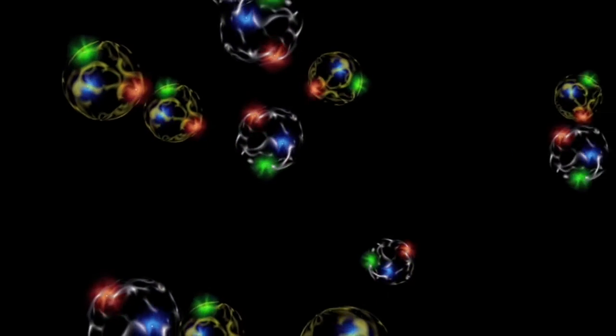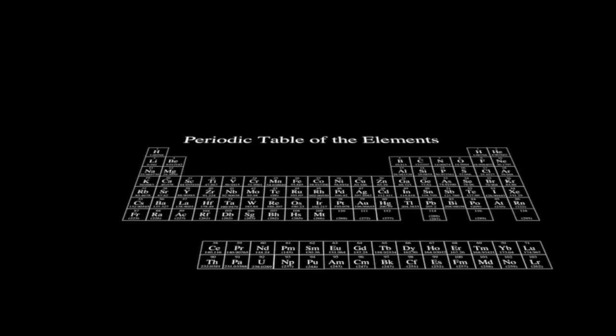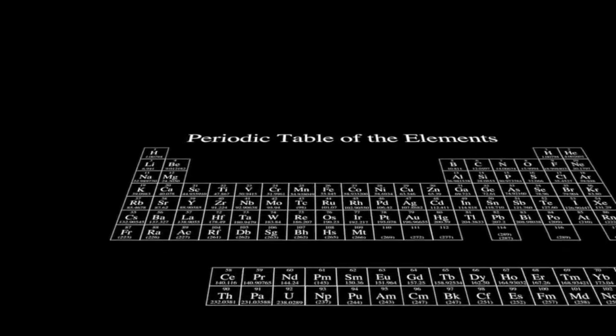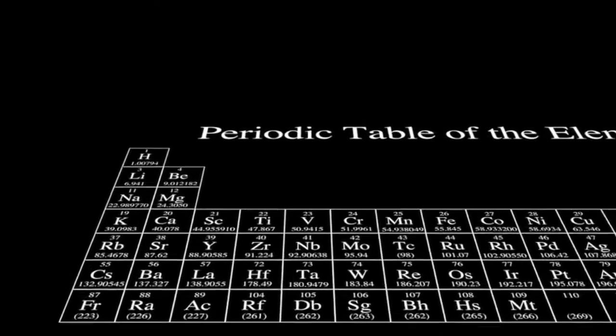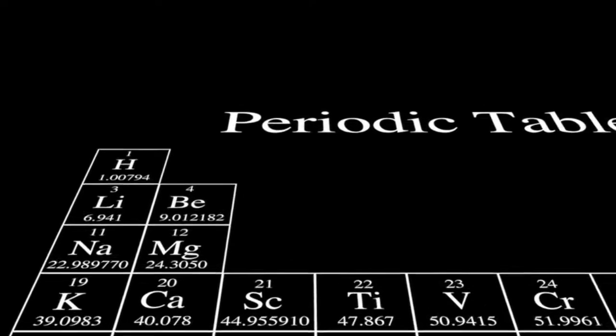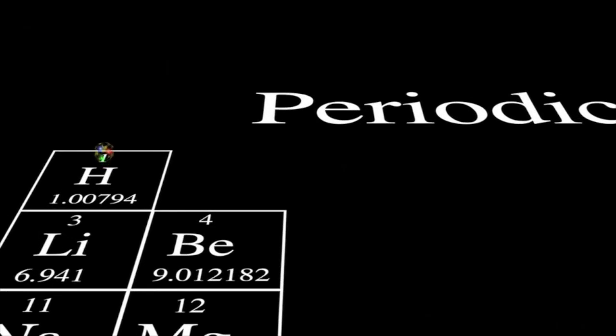These protons and neutrons can then combine in the form of a nucleus of each element in the periodic table. 1 proton in the nucleus makes hydrogen.